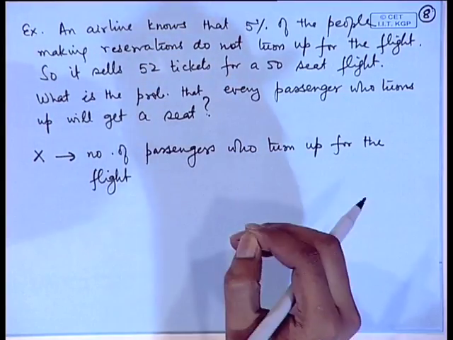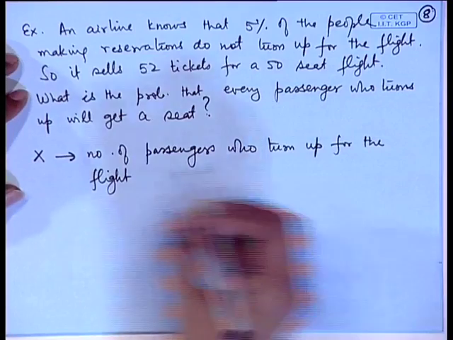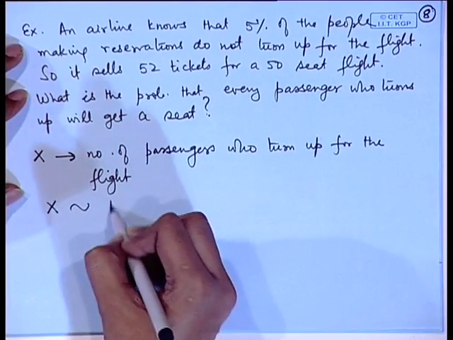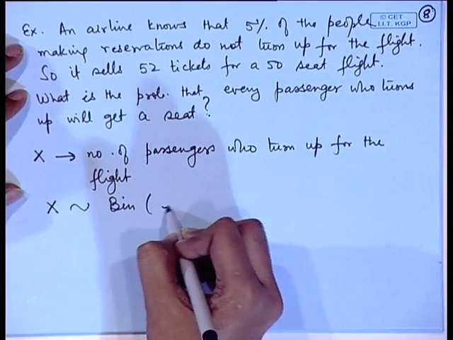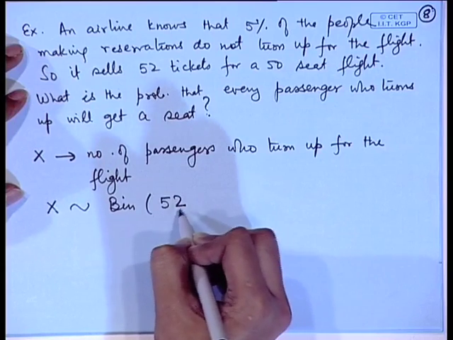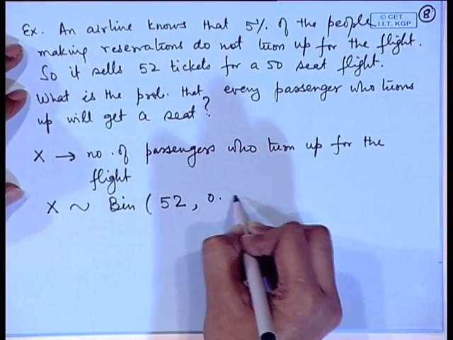That means, a passenger purchasing a ticket, he may turn up or he may not turn up. So, turning up may be considered as success and not turning up as a failure or vice versa. So, if we look at X as the number of passengers who turn up for the flight, then the distribution of X will be binomial with 52, because there are a total of 52 tickets that have been sold, and 0.95.